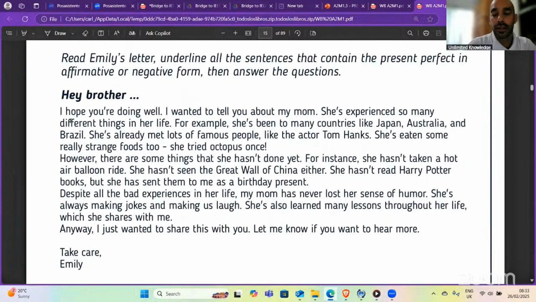For instance, she hasn't taken a hot air balloon ride. She hasn't seen the Great Wall of China either. And she hasn't read Harry Potter books, but she has sent them to me as a birthday present. Despite all the bad experiences in her life, my mum has never lost her sense of humor.